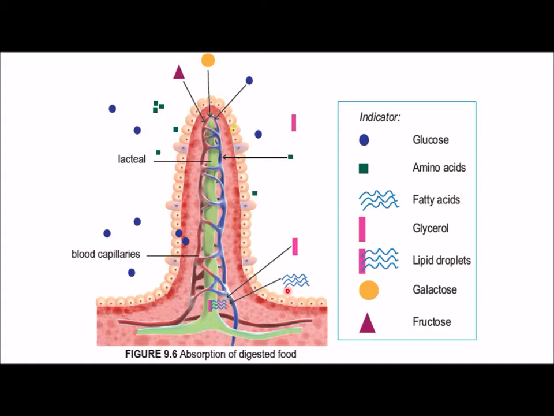If you refer back to the function of smooth endoplasmic reticulum, its function is to synthesize lipids. So this is where it happens. It synthesizes lipid by combining glycerol and fatty acid that has been digested into lipid droplets before being diffused into the lacteal. So refer back to the function of smooth endoplasmic reticulum.